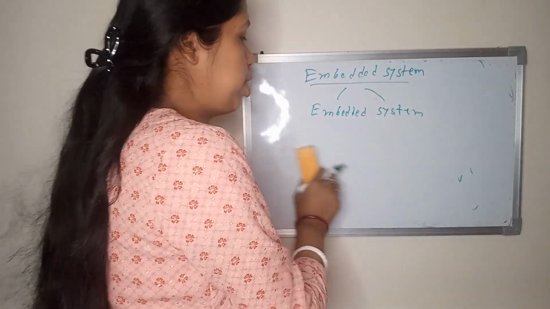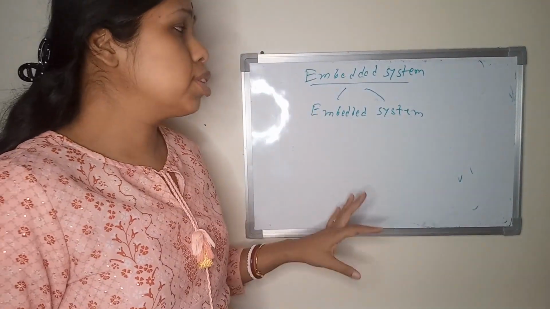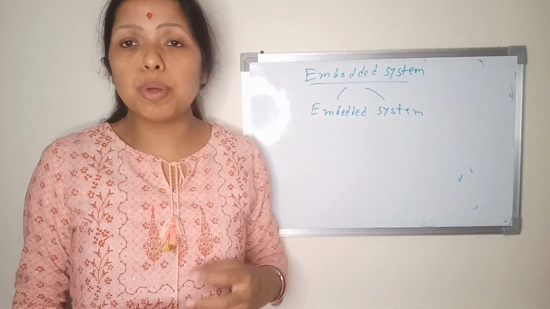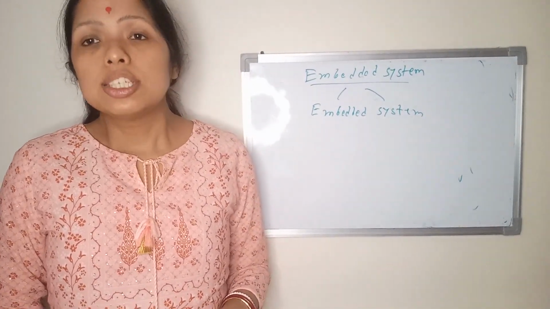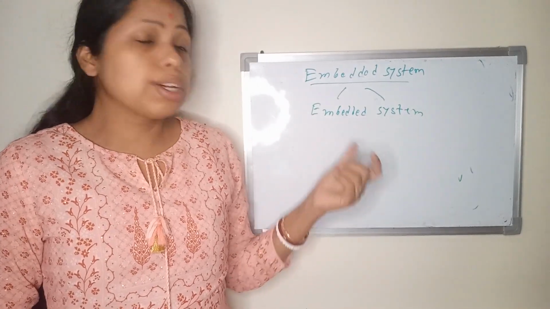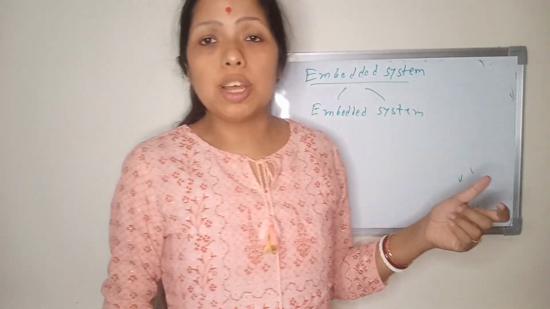Next, coming to the embedded system. Embedded means inside the system lots of components are there, an integrated form of many components inside the system. That's why it is called embedded, right? So what is the function of this embedded system?